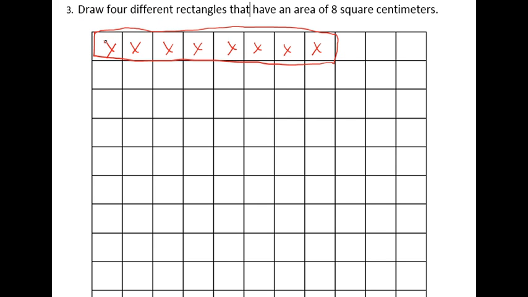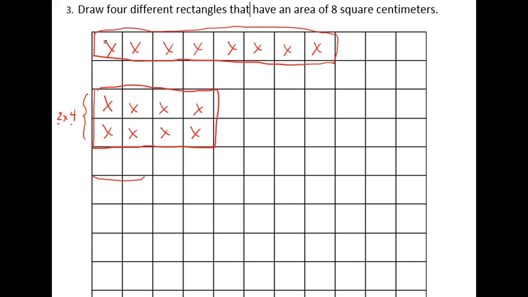I also know that I can make 8 by using 2 rows of 4. I'll mark out my 8 square centimeters, draw a box around it, and there's another rectangle with an area of 8 square centimeters. When we talked about multiplication and arrays, we described this type of array as 2 times 4 because it's 2 rows of 4.